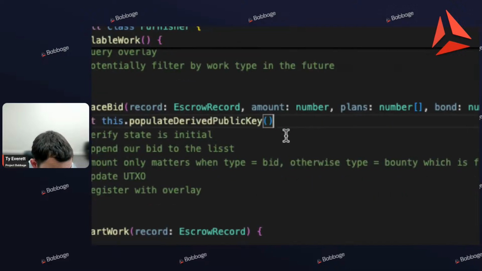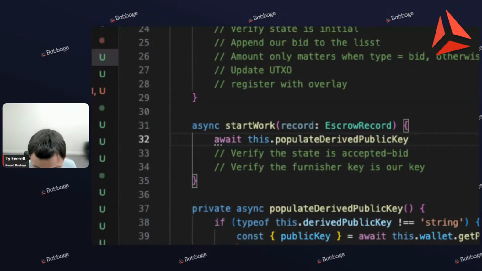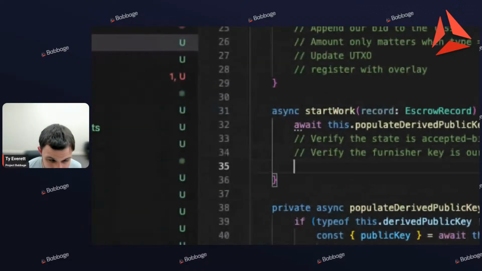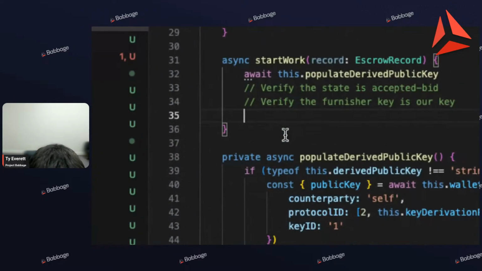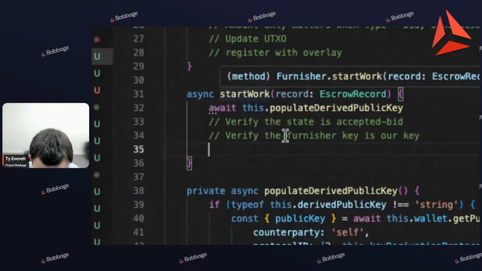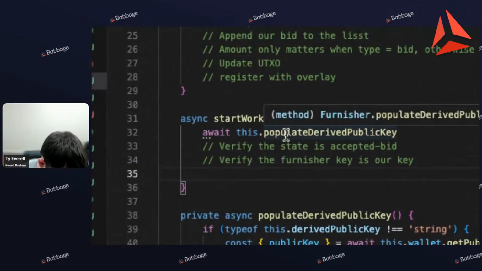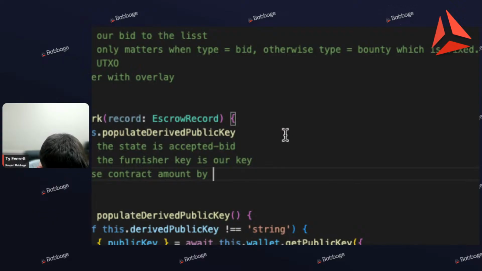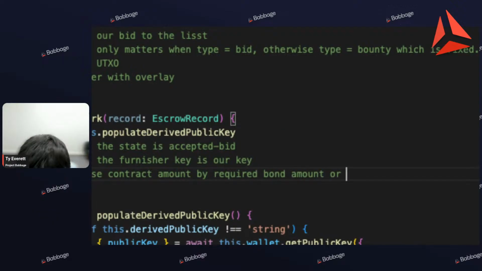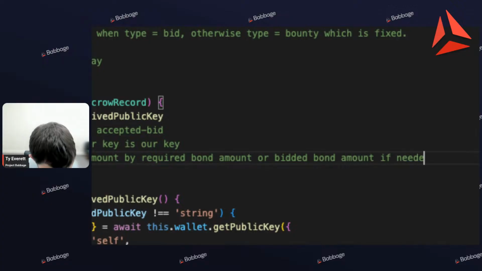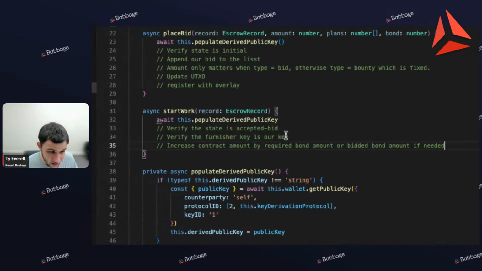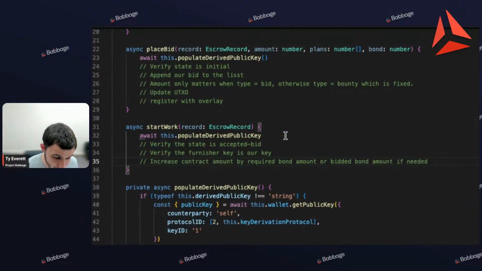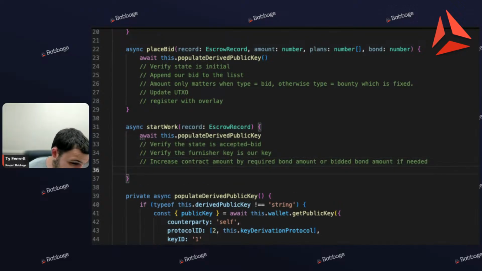So verify the key is our key. And then if necessary, we increase the contract amount by the amount of what we bid for our bond that they accepted, or by what the contract requires as the bond if there is a required bond that is fixed.